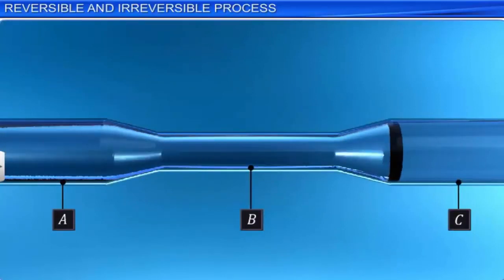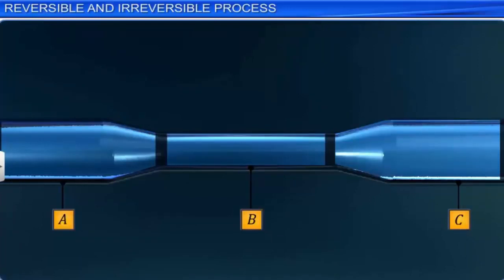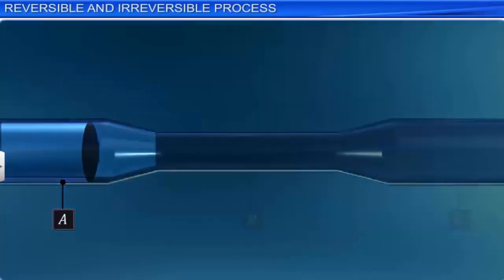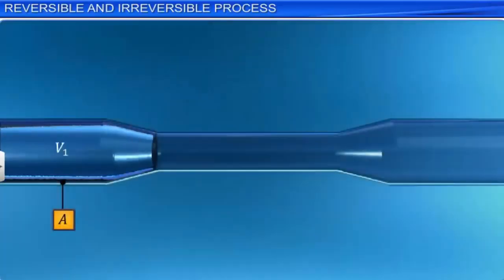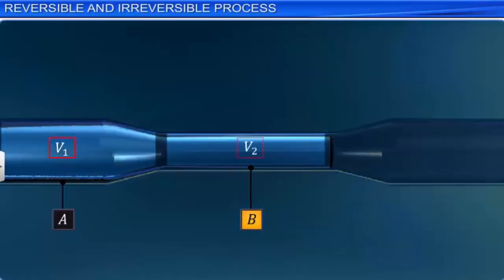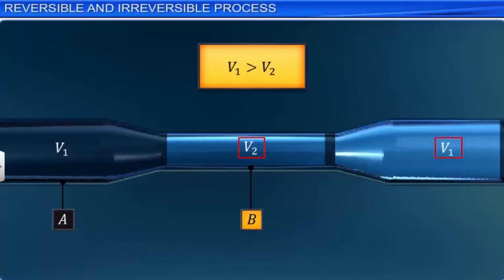Let the speed of the liquid at A be V1. When it moves from A to B, its speed increases, say from V1 to V2. The process is reversed and the speed of the liquid decreases from V2 to V1 as it moves from B to C. Hence, the process is almost reversed.